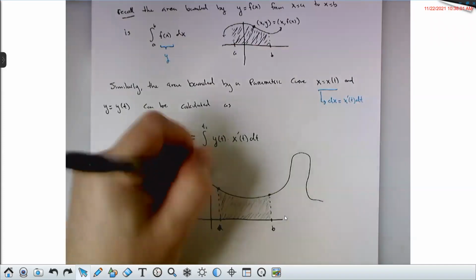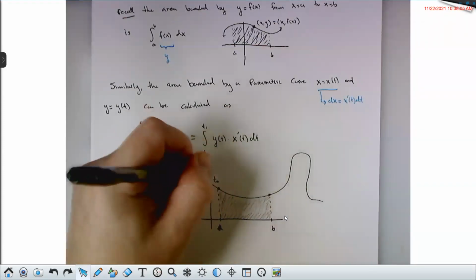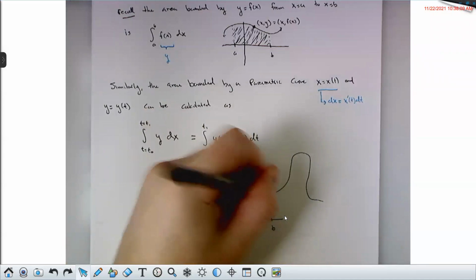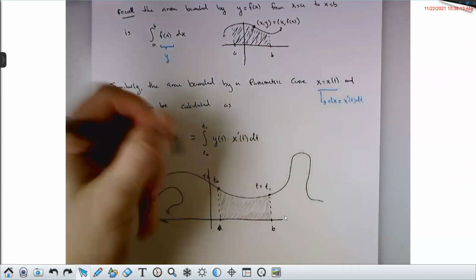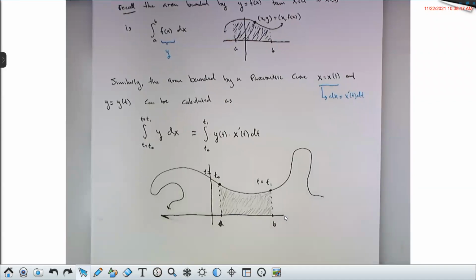Saying, okay, this is the point associated with t equals t0, and this is the point associated with t1. And if you want to, you can think of a little Riemann rectangle in here. The height would just be y of t, and the width would be x prime of t dt, or dx.